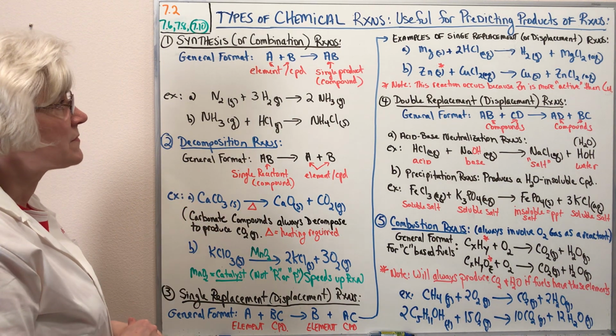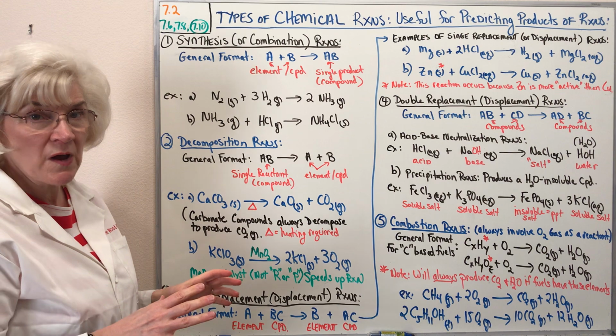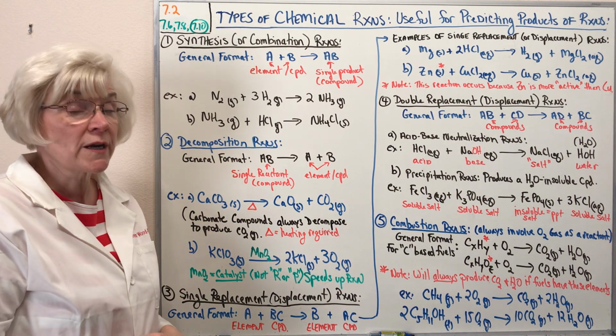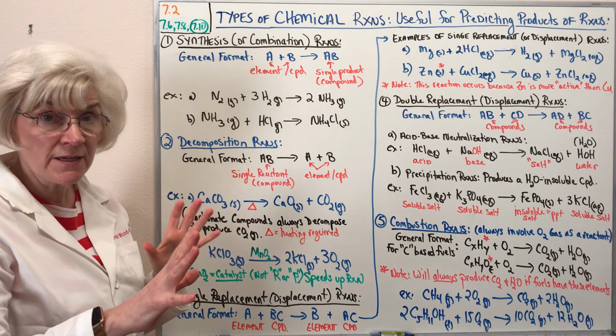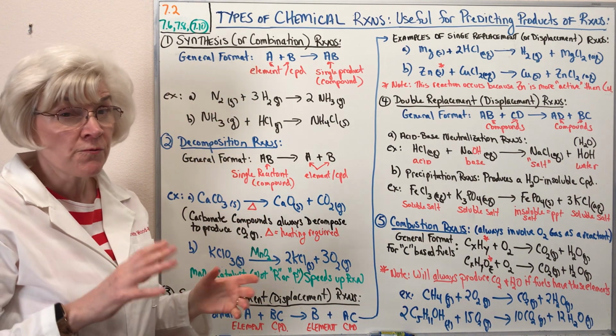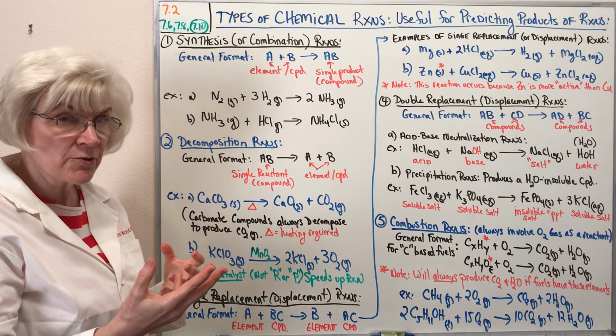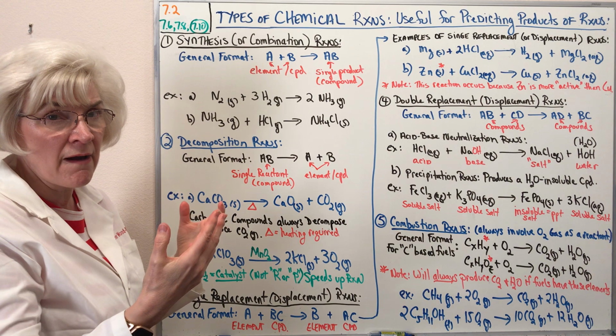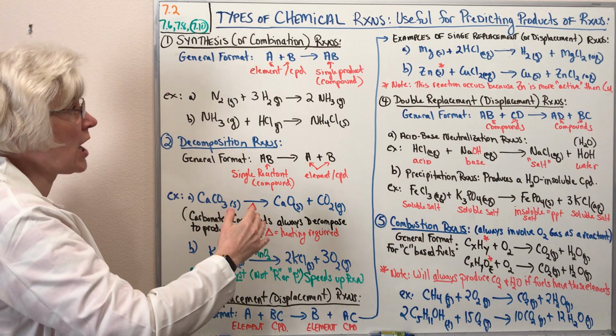Okay, the 5 types of chemical reactions that you are responsible for knowing. Number 1, synthesis or combination reaction. Either term is fine. I'm giving you a general format for what this category of reaction looks like, so it helps you organize in your mind the difference between each type.